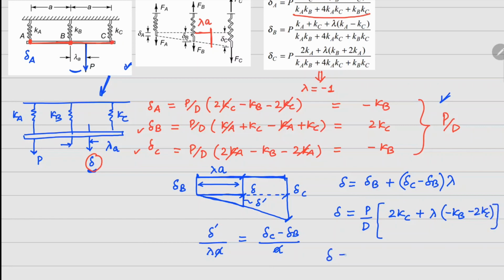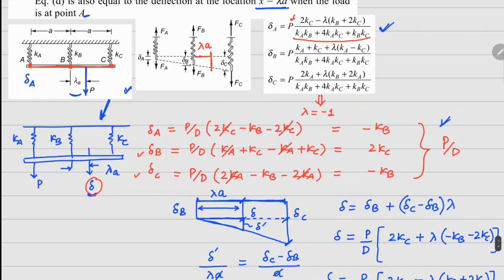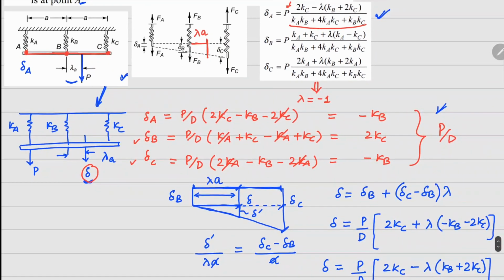So now if you compare this, P over D, brackets, 2 Kc minus lambda, Kb plus 2 Kc. So now you can check that this matches perfectly with this value of delta A. First term is 2 Kc here, 2 Kc there. Second term Kb plus 2 Kc with minus lambda, which is matching exactly there.